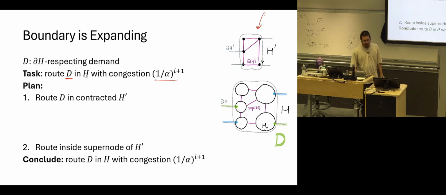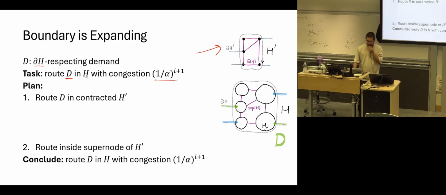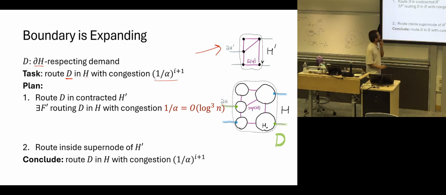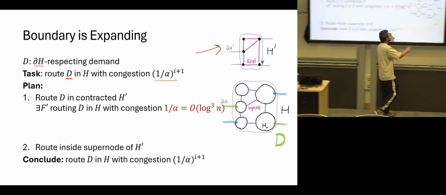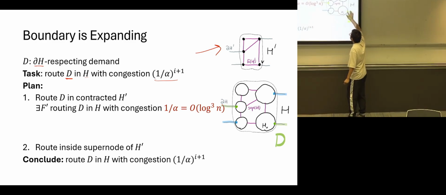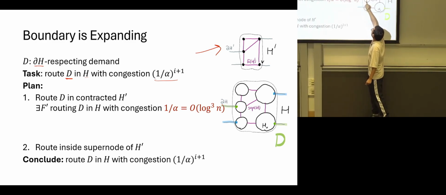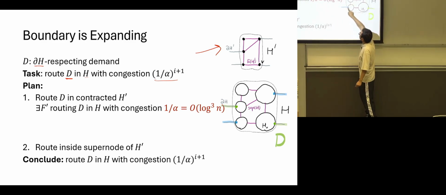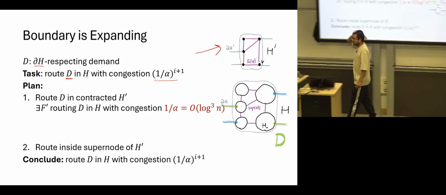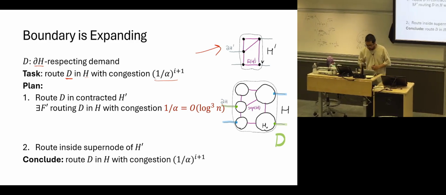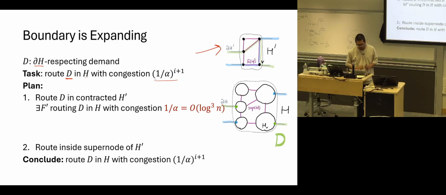So I have some demand that respects the boundary of H. Let's look at the contracted graph. Let's say that I have the demand here. The demand is between the boundary of H. I need to route from the green here to green here, from this blue point to this blue point here. So this kind of defines a way to route in H prime.